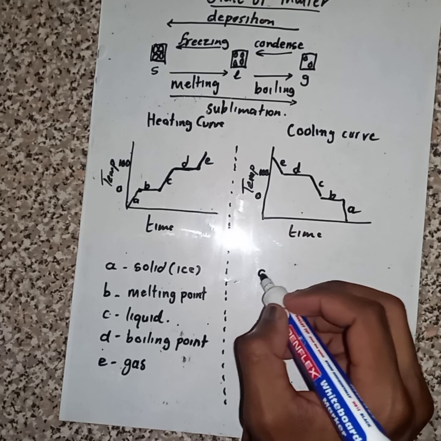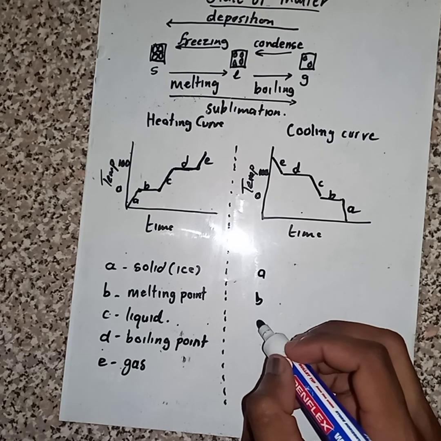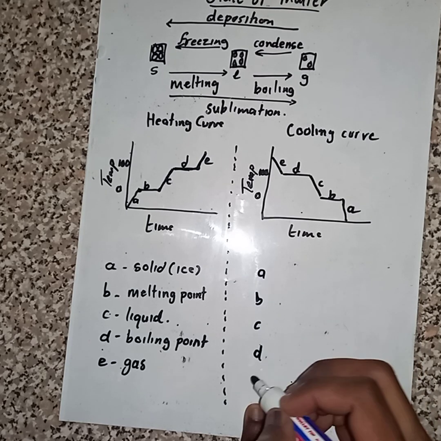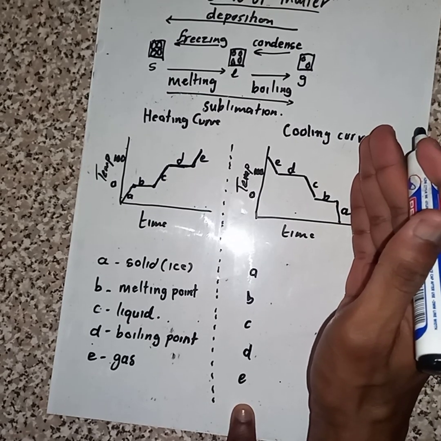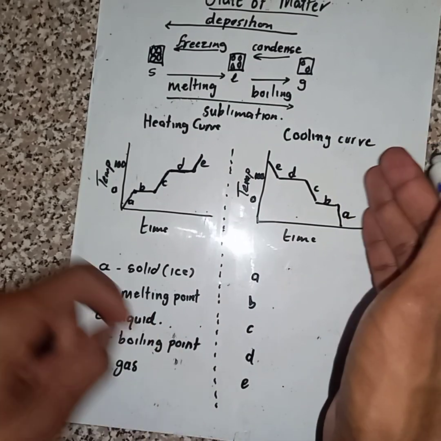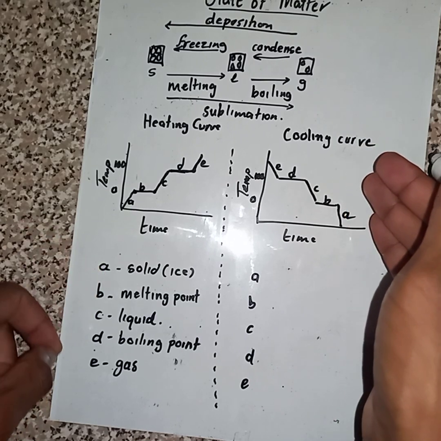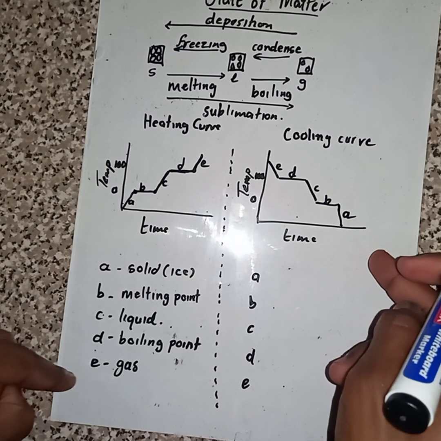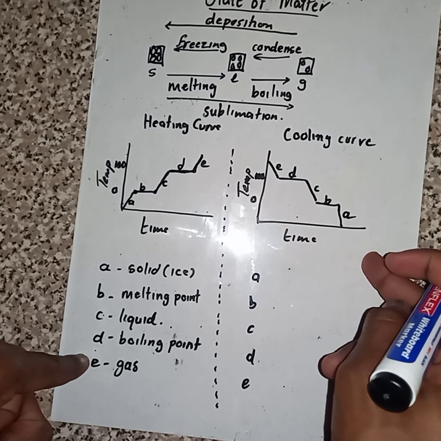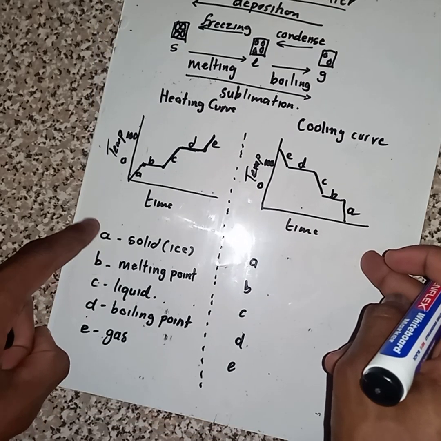I'm going to do the same A, B, C, D, E. Looking at this curve, we move opposite to the heating curve.